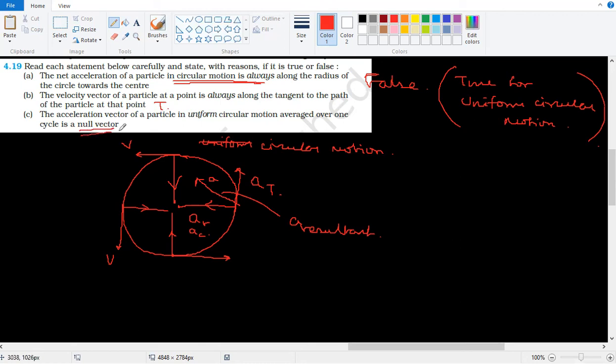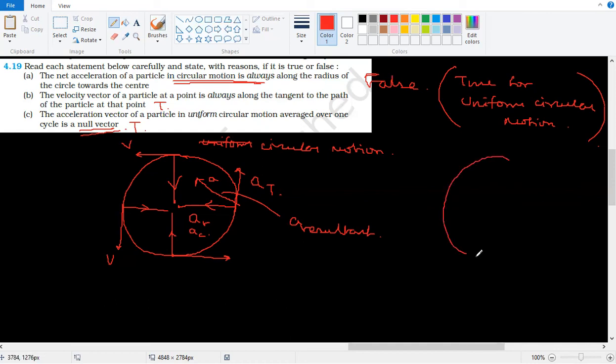Okay, very good. So what this means is, suppose you add all the acceleration vectors of a particle in uniform circular motion. You see, this is one acceleration, this is another acceleration, so both will cancel. Similarly, this will be this way and this will be this way. So if I add all the accelerations over a full circle, it will become 0. So that means this is also true.